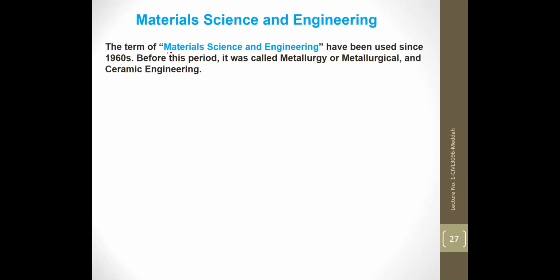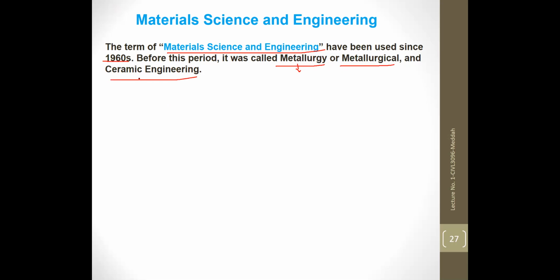The term material science and engineering is not really new, but it was first used in 1960. Before this period, it was mostly called metallurgy or metallurgical or ceramic engineering, because at that time, most of the materials used were dominated by metals. So this is why they were saying mostly metallurgy, which is the science of studying metals.